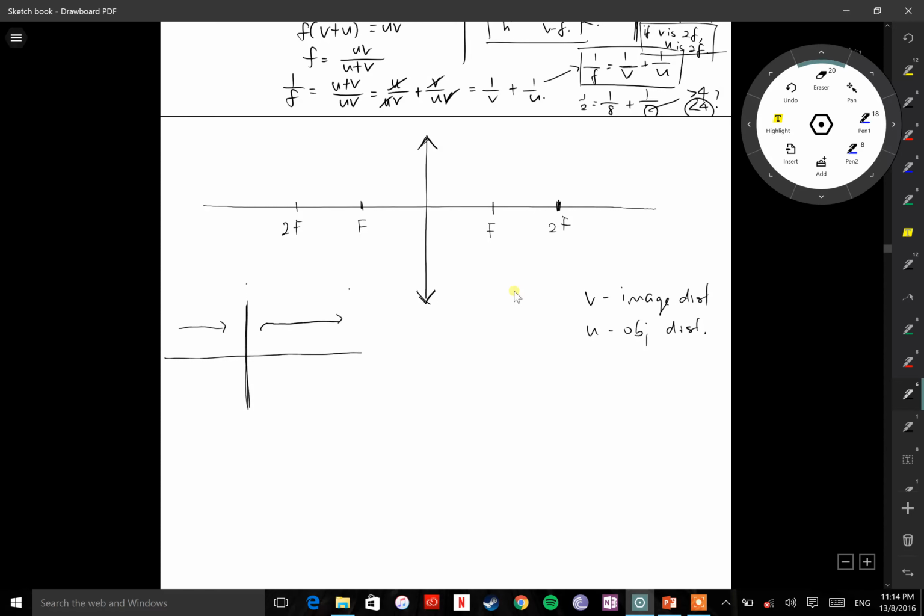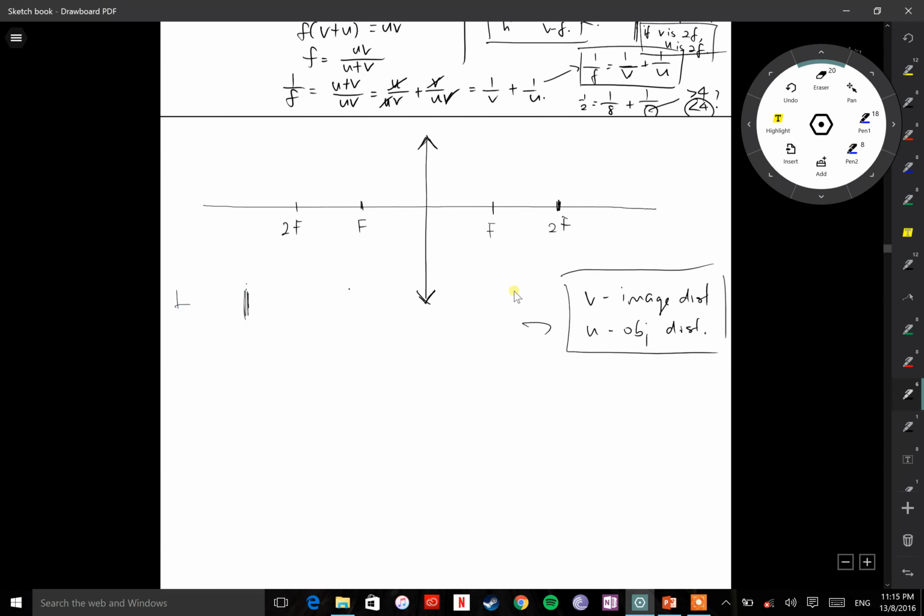Now if we define the distance from object to lens, this distance here, let's call it u, and this distance here, let's call it v. I'm going to erase all these first, it's quite messy.